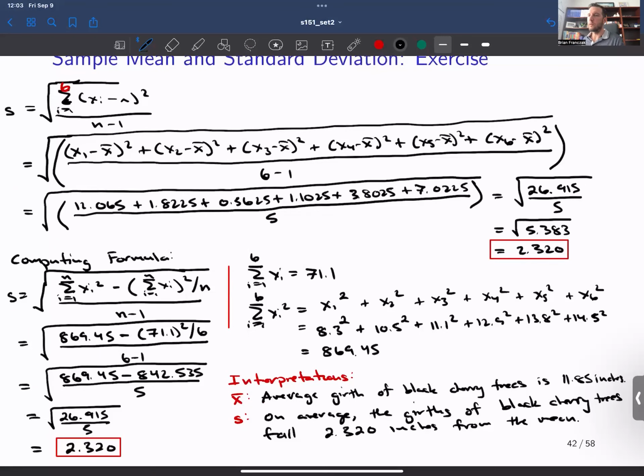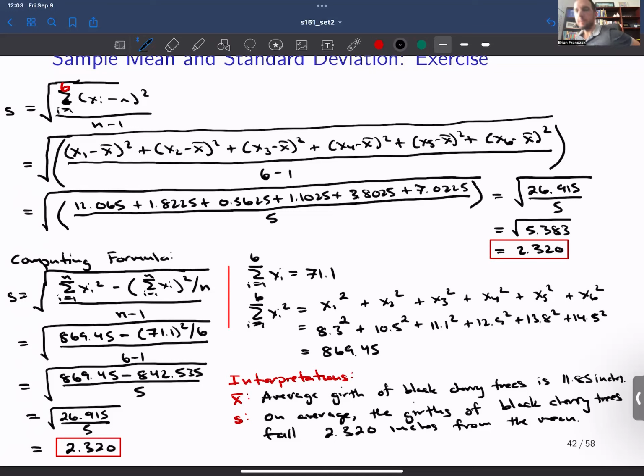So essentially what it's doing is it's telling us how the values disperse from the mean. So the average distance of each observation to the mean is 2.32 inches.